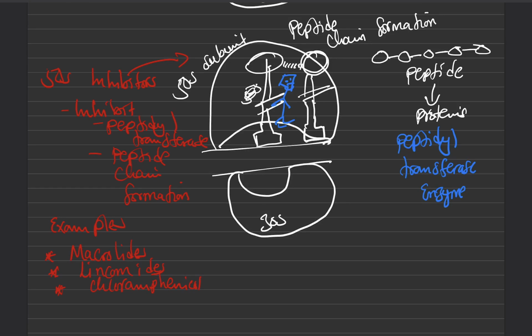So 30S really acts as a checkpoint, an analysis point. Is this the correct transfer RNA that has come?